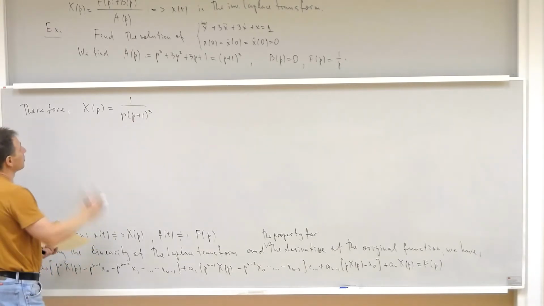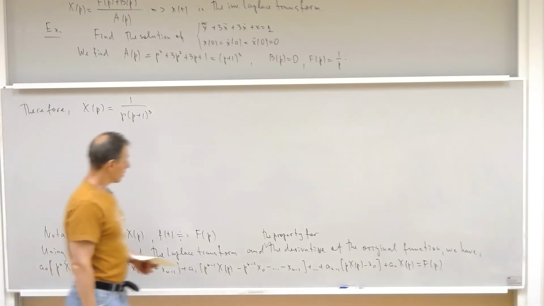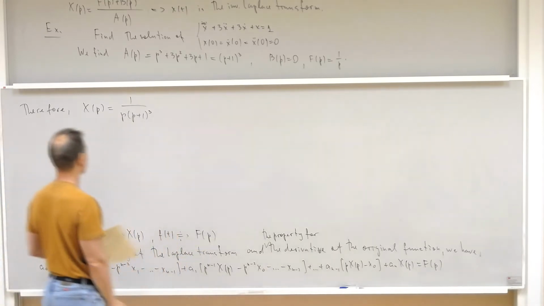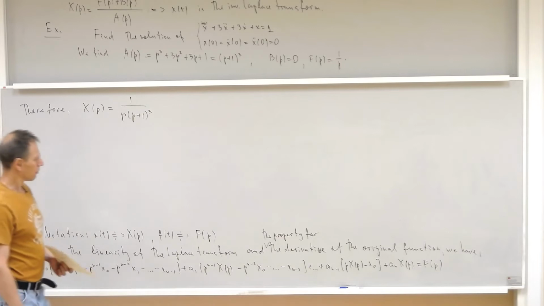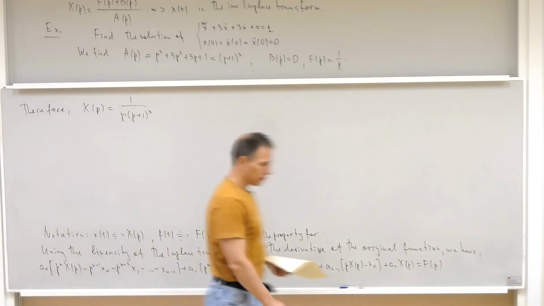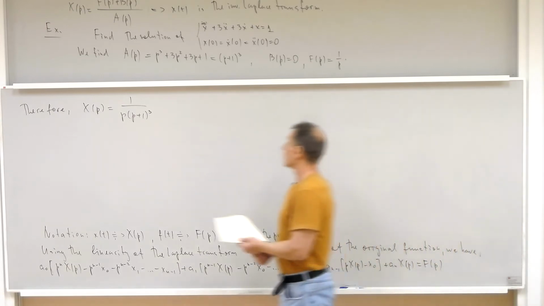In accordance with the general procedure, we must apply the inverse Mellin formula to find the original function x of t. But in this simple case, we can find the original function by using the properties of the Laplace transform, which were formulated and partially proved in the previous section.